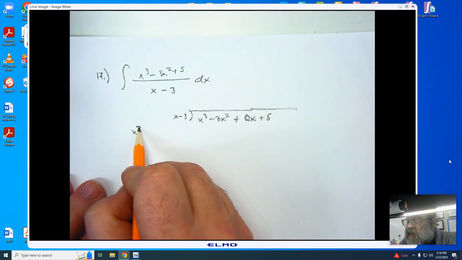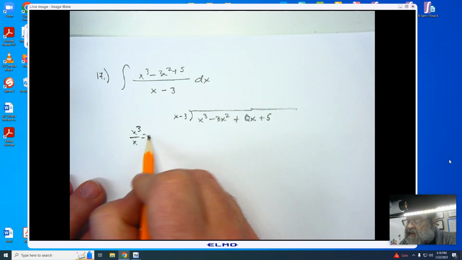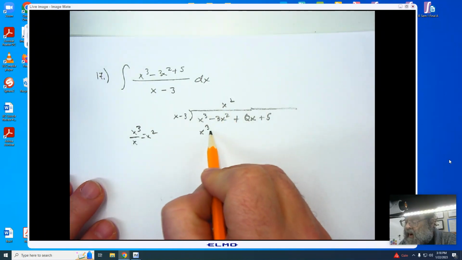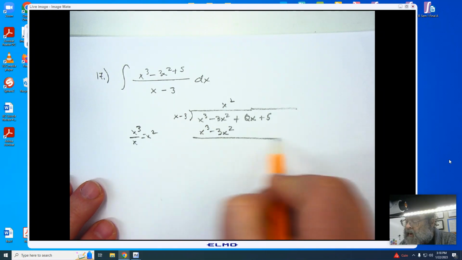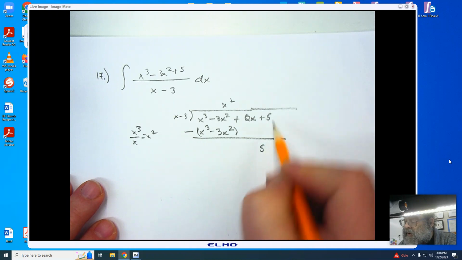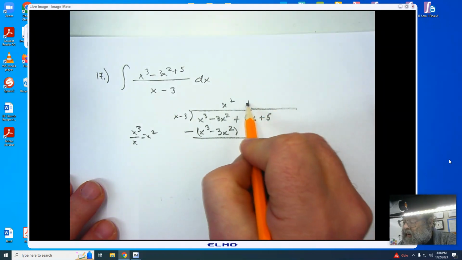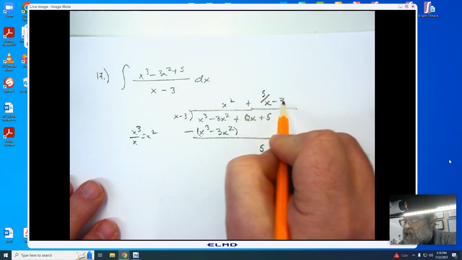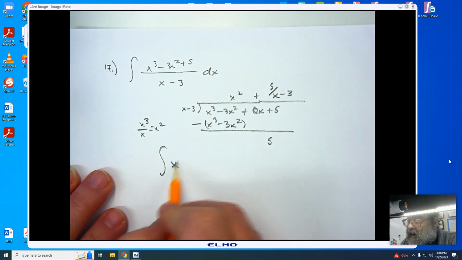We have x cubed divided by x gives us x squared. So we're looking at x cubed minus 3x squared. We're subtracting, and you'll notice we're left with just plus 5. So we have plus 5 over x minus 3, and that's now what we're integrating.